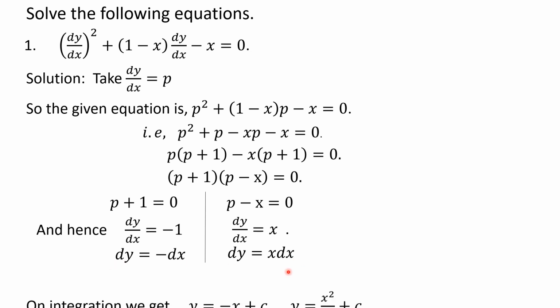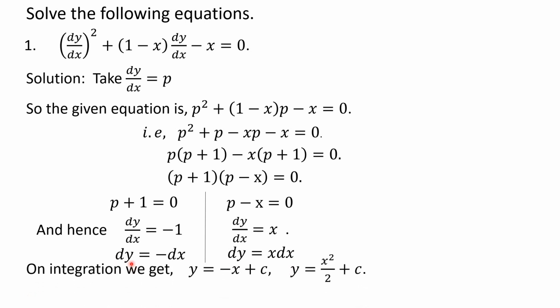On integration, y = -x + c, and y = x^2/2 + c. Rewriting, it is x + y - c = 0, and x^2/2 - y + c = 0, or multiplying throughout by 2, x^2 - 2y + 2c, or some capital C constant.